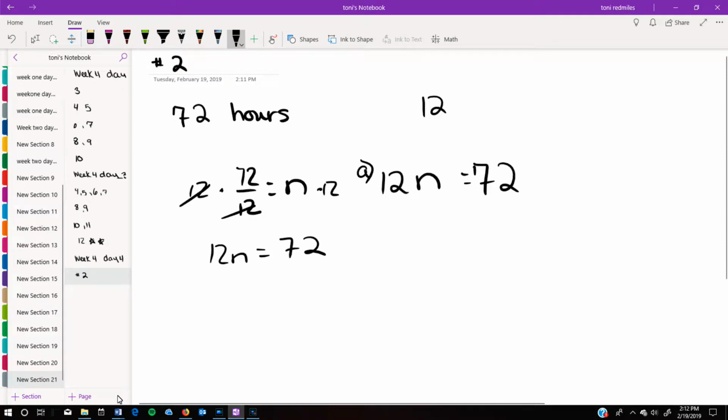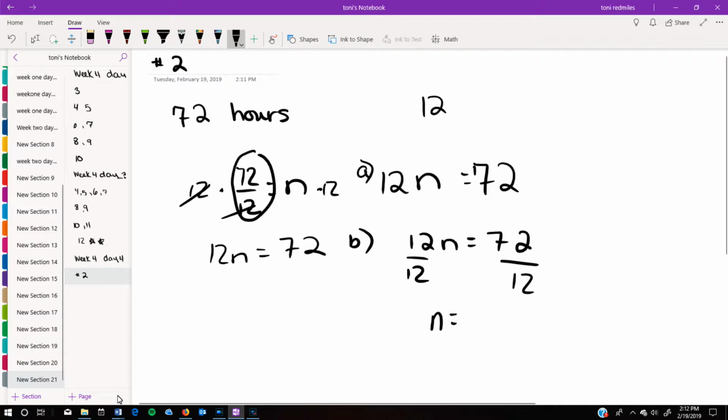So if you're getting stuck, just rearrange it. Use your opposite operation to help you write your equation. So B is just figuring out the answer. If 12 is multiplying the n, I've got to divide on both sides. So n equals 6. Each person works 6 hours in order to clean this office building.